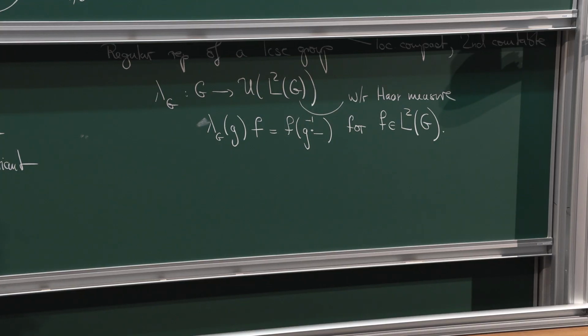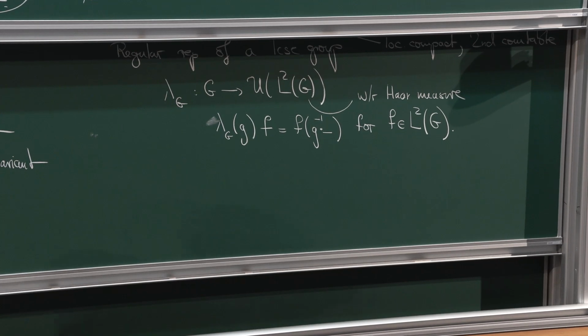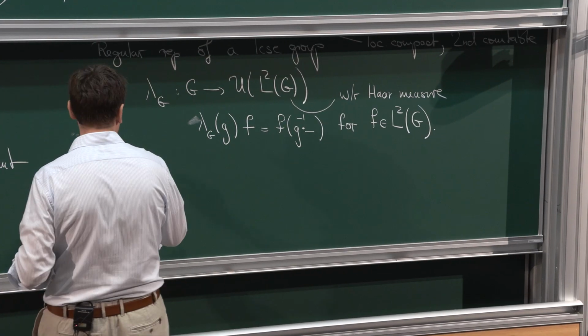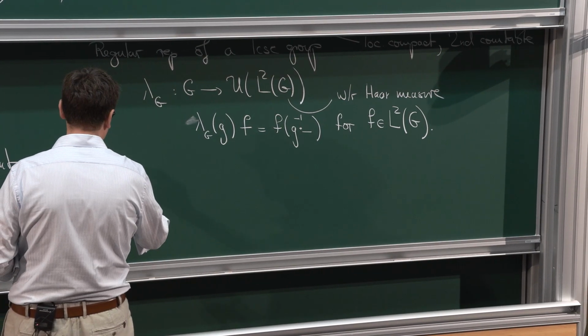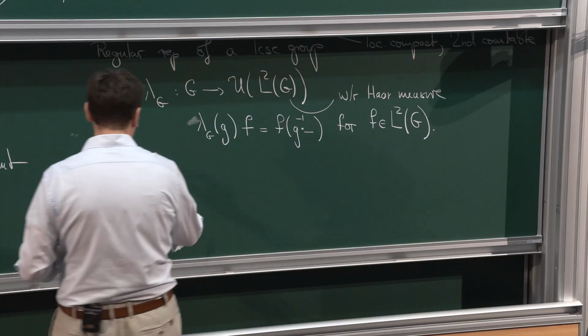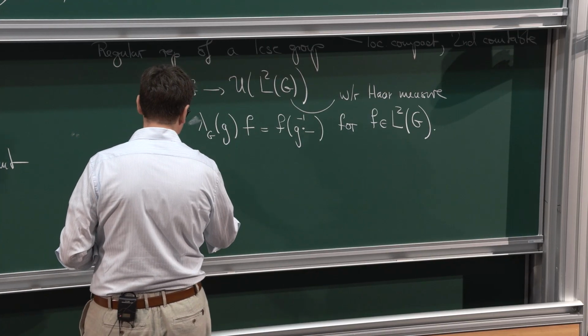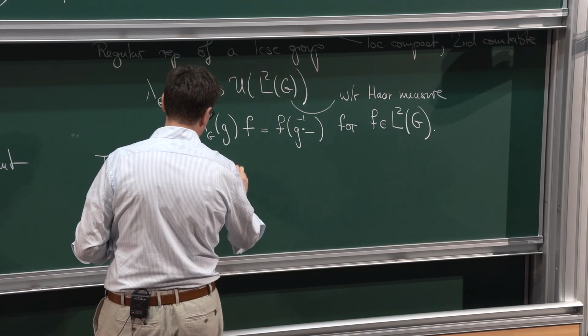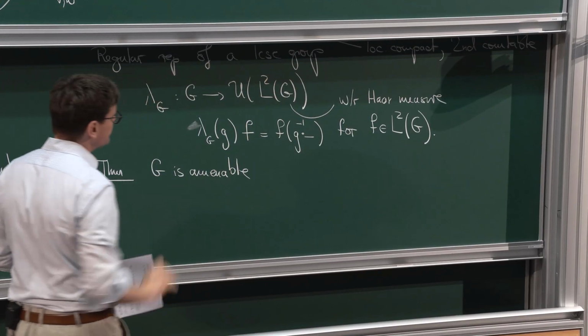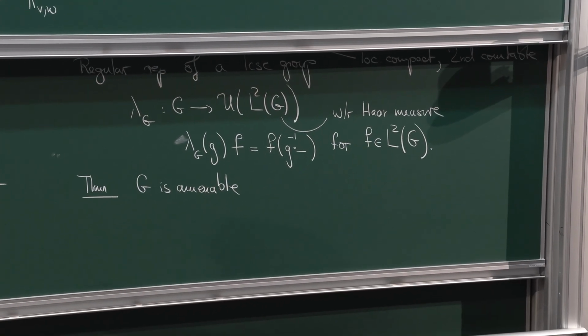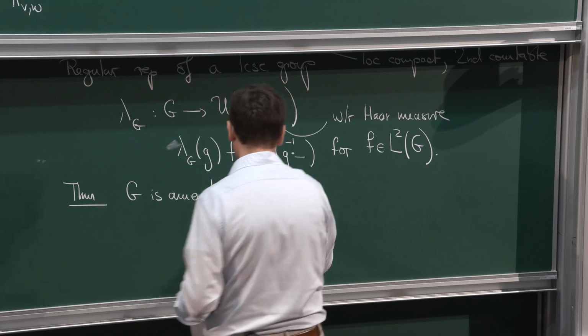And then with the help of this representation, you can formulate another property that you might know, amenability. So G is amenable if this unitary representation, this regular representation, has almost invariant vectors.